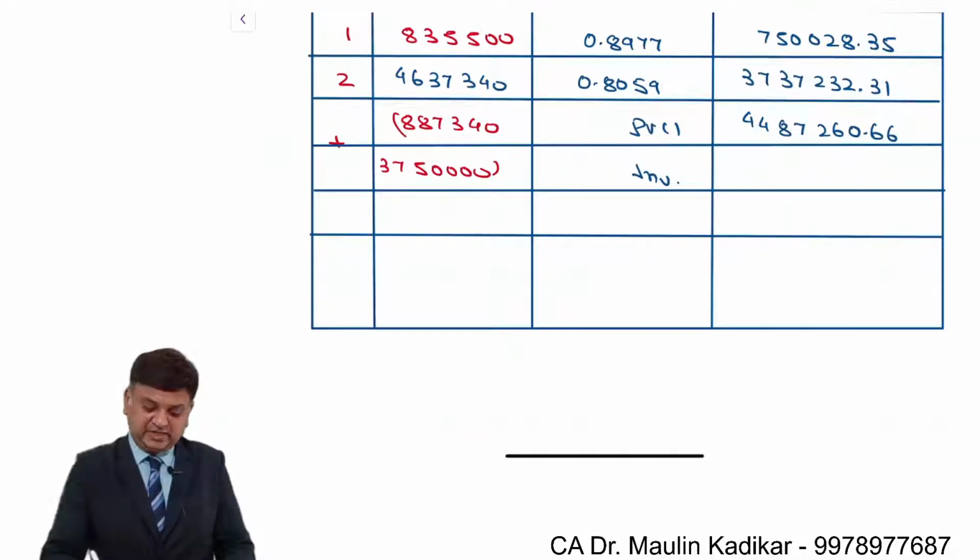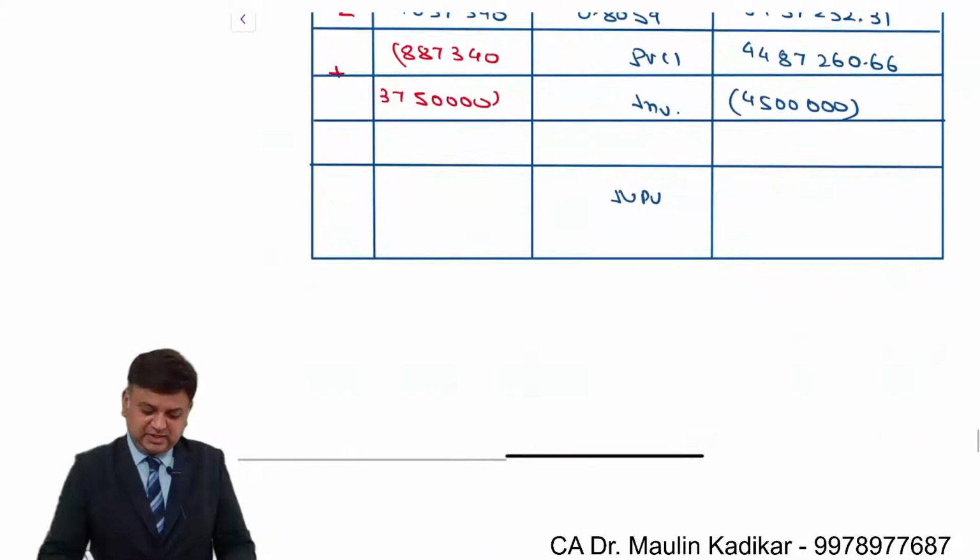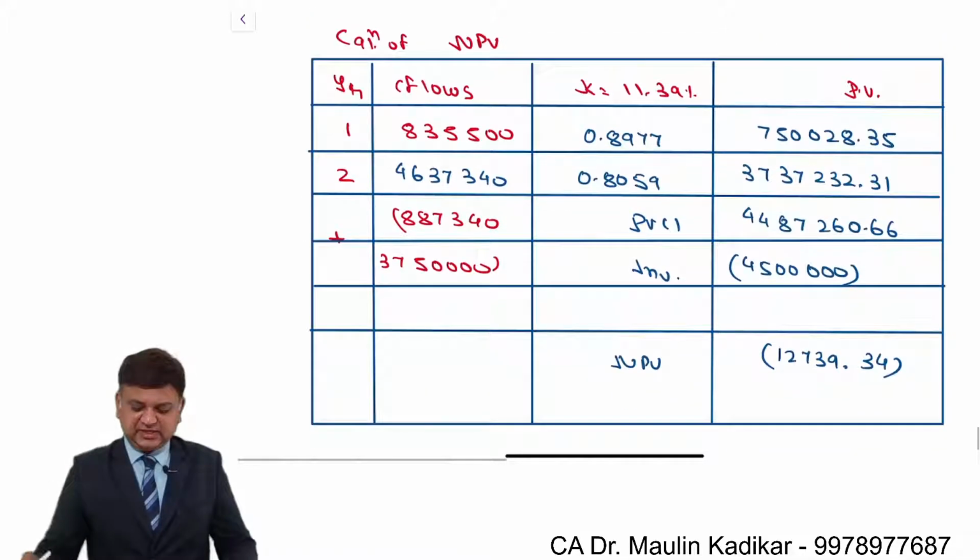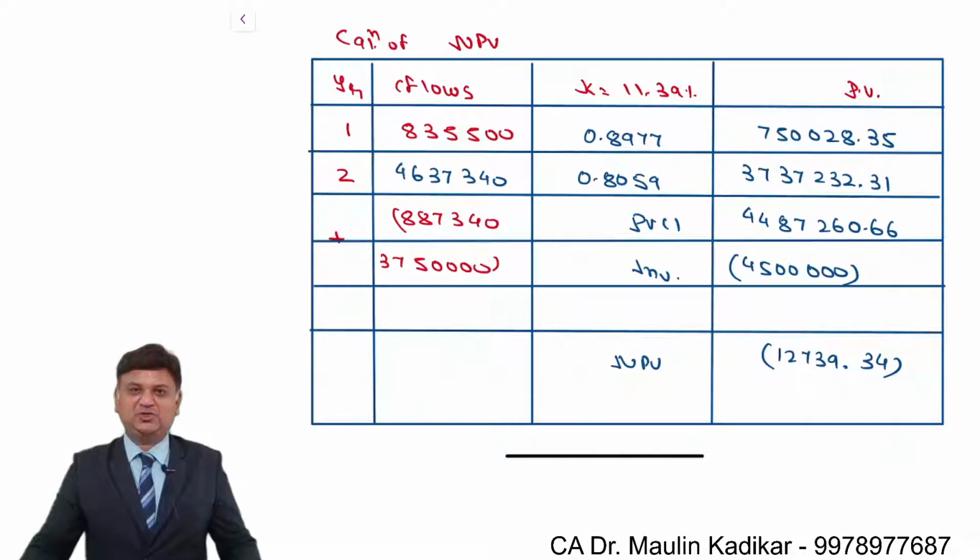Investment 45 lakhs, that is for the land and building. NPV of the project 12,739.34. NPV is negative, so we understand that the project should not be undertaken.